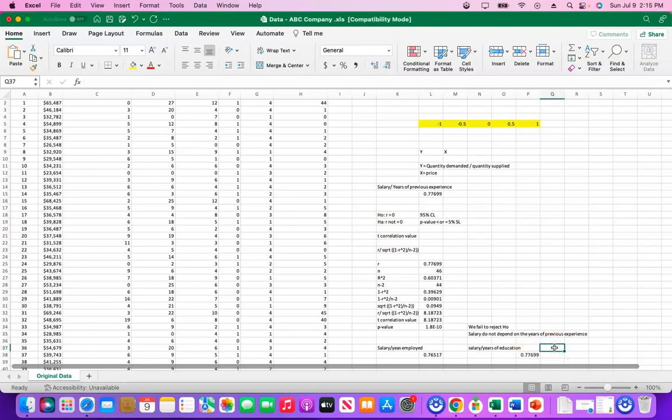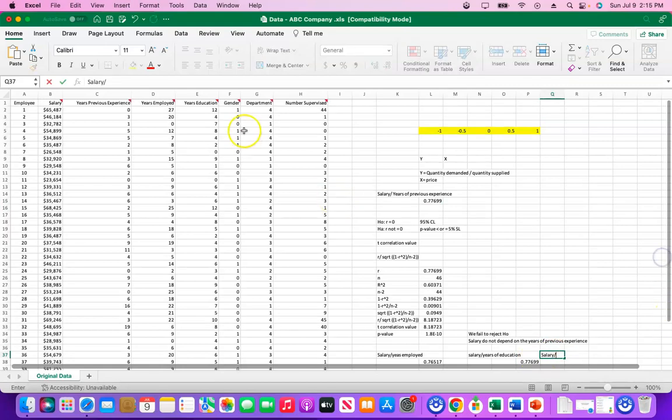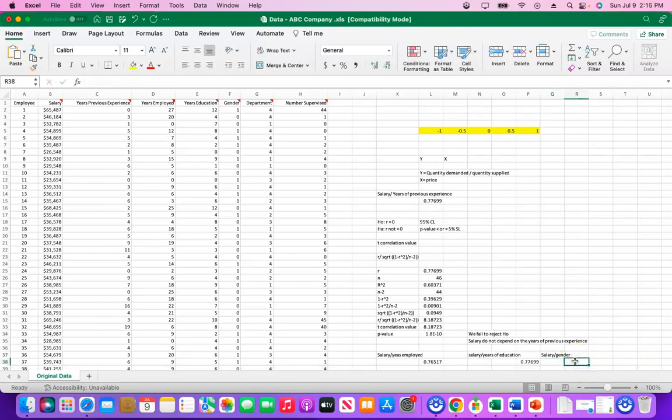Let's try one more: salary and another variable, and in this case, let's consider gender. We are trying to find if there is a correlation between salary and gender. Remember, we always have to use this hypothesis.